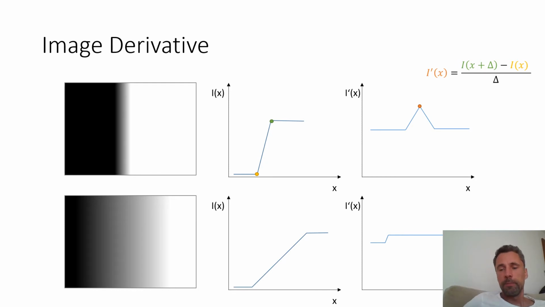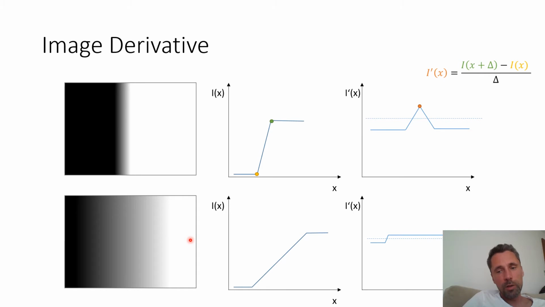Well, there are always different options, but the most simple option would be to look at a threshold. So once our image derivative is above a certain threshold, we would then mark that position with a 1, otherwise 0.